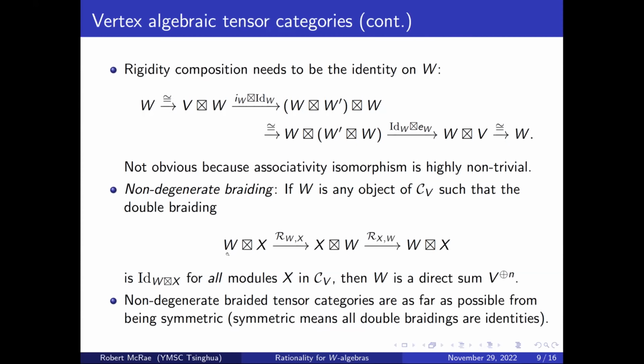If you can find some object W such that this double braiding is always the identity, the only way for that to happen is for W to be maybe some finite direct sum of copies of V. V is the unit object in this tensor category, so the double braidings involving the unit object always have to be the identity. Non-degeneracy means this is as far as possible from being symmetric.